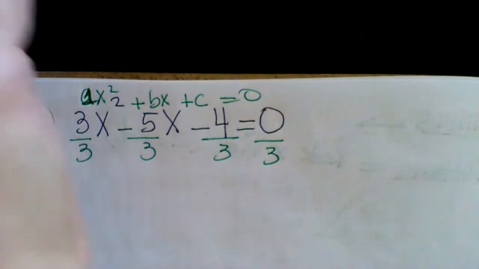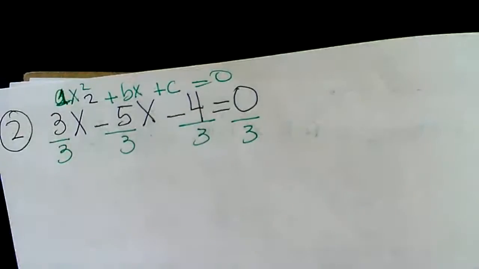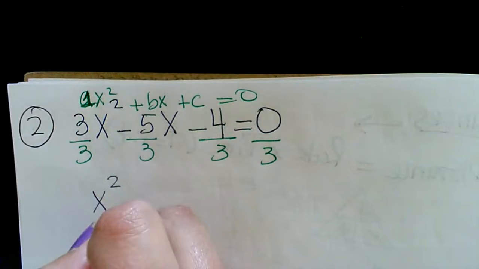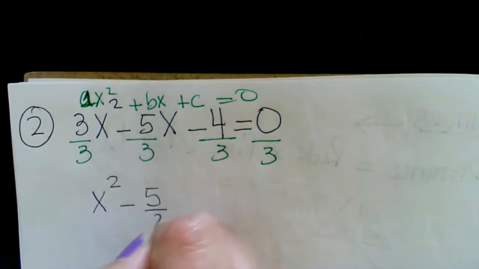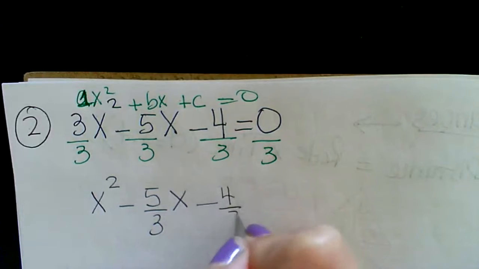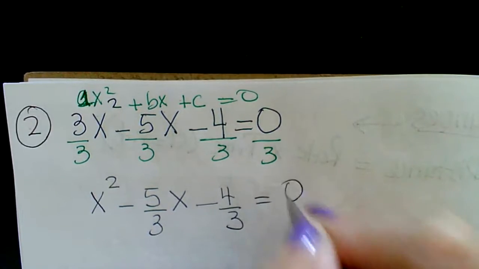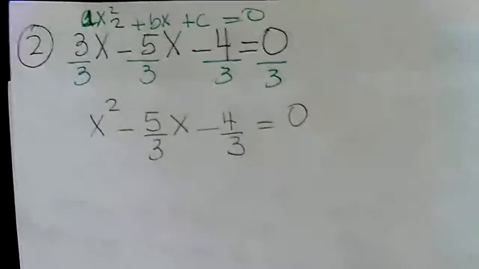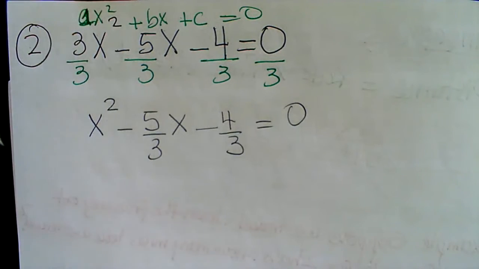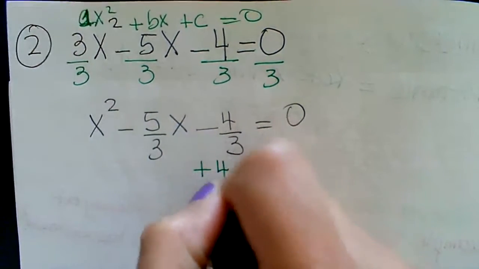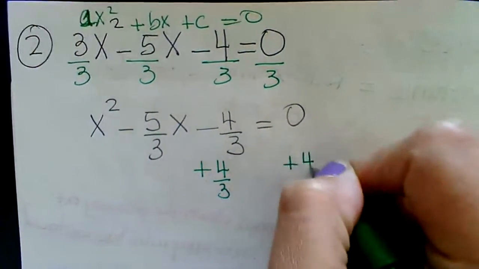So what do we get here? We get x squared minus 5 over 3 x minus 4 over 3 equals to 0, right? Now, I'm going to add 4/3 on both sides of the equation.